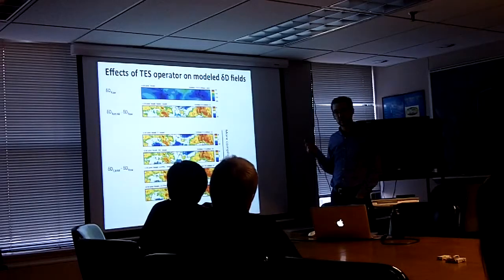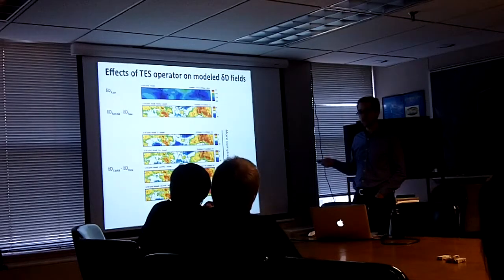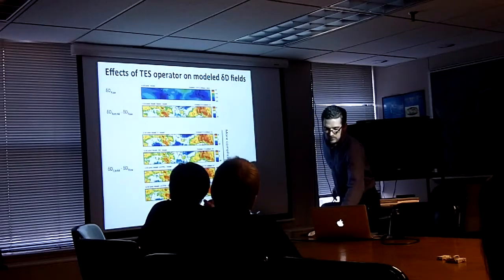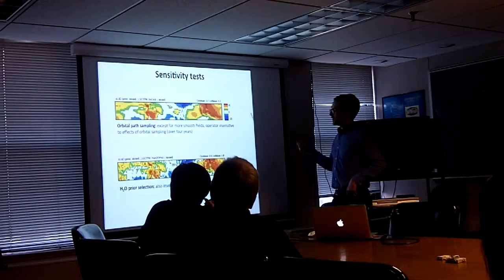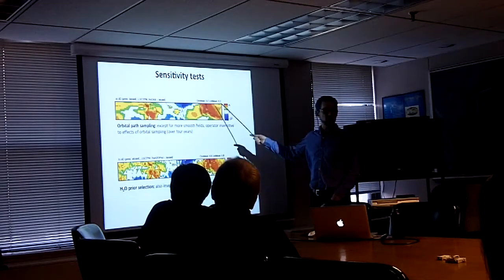There are biases in the satellite retrievals because, for one reason, of the influence of the prior, that need to be taken into account in any comparison against the model. Here are two quick sensitivity tests. One is the effect of orbital sampling. This doesn't have orbital sampling.